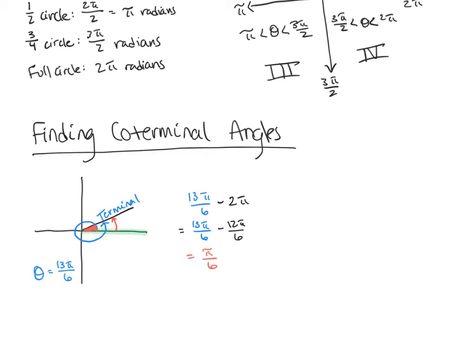So what's an angle that's coterminal to 13 pi over 6? Pi over 6. It shares the same initial side as well as the same terminal side. So we're just subtracting 2 pi. You can also find a coterminal angle by adding 2 pi and going another full circle around.